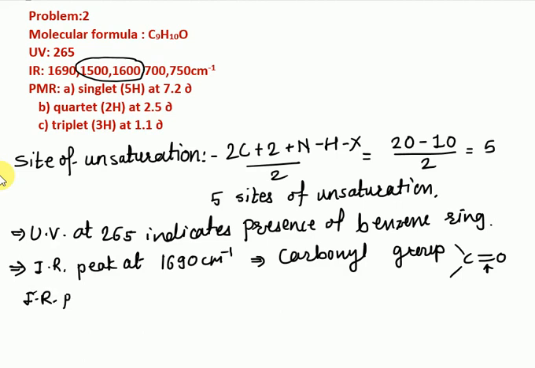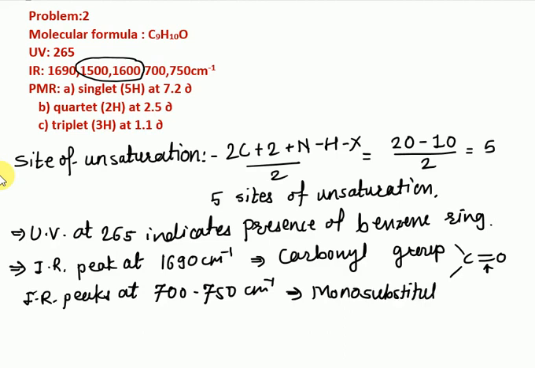IR peaks at 700 to 750 per centimeter indicate a monosubstituted benzene ring.